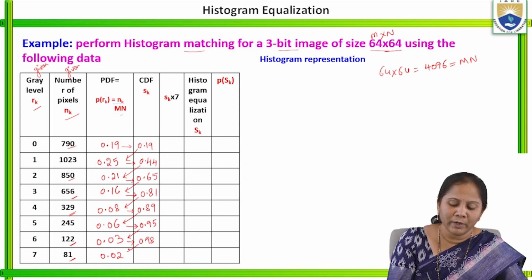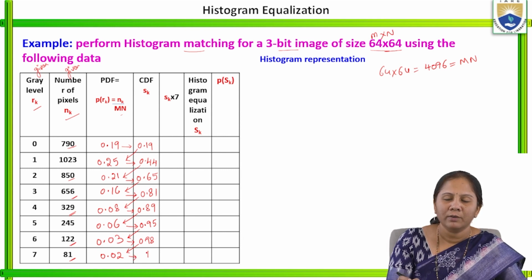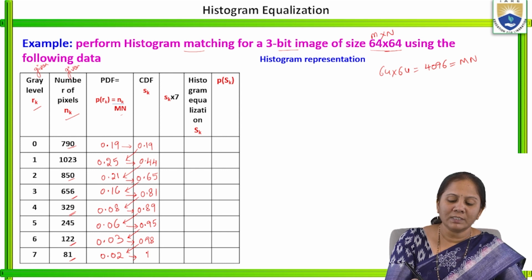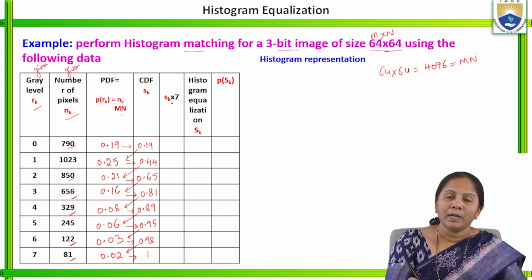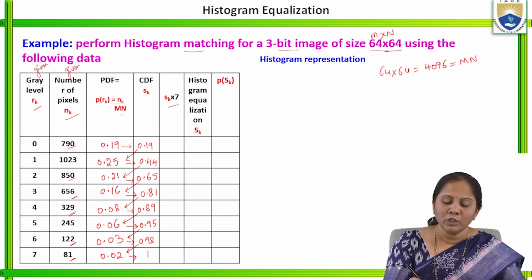And finally, 0.98 plus 0.02, the value is 1. This is how we calculate the value of Sk. The next step is Sk into 7. The values of Sk should be multiplied with 7.